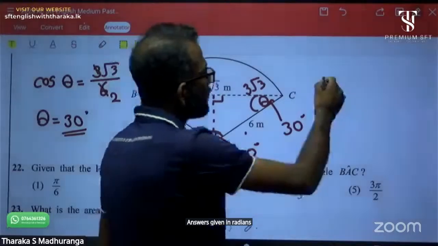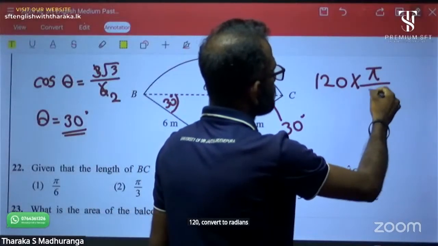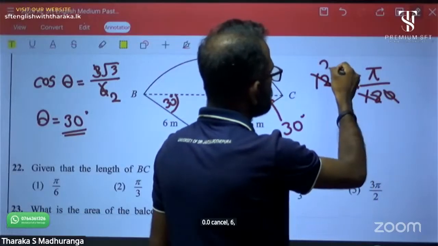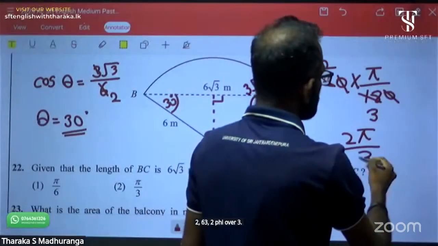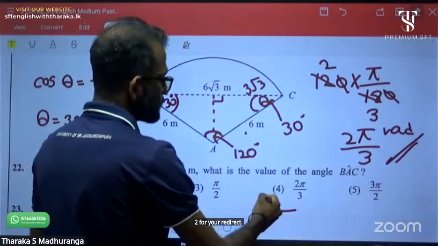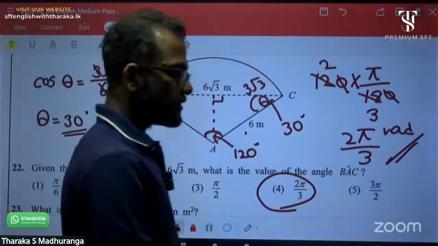Now 120 convert to radians: 120 times pi over 180. The zeros cancel, 6 twos are 6 threes are 2 pi over 3. 2 pi over 3, right?